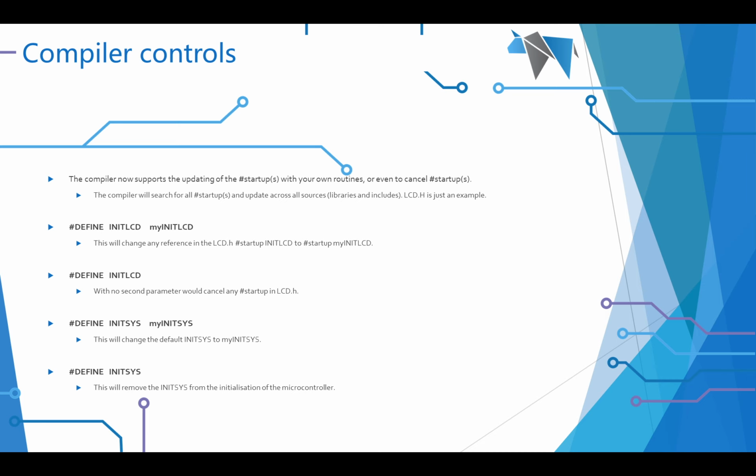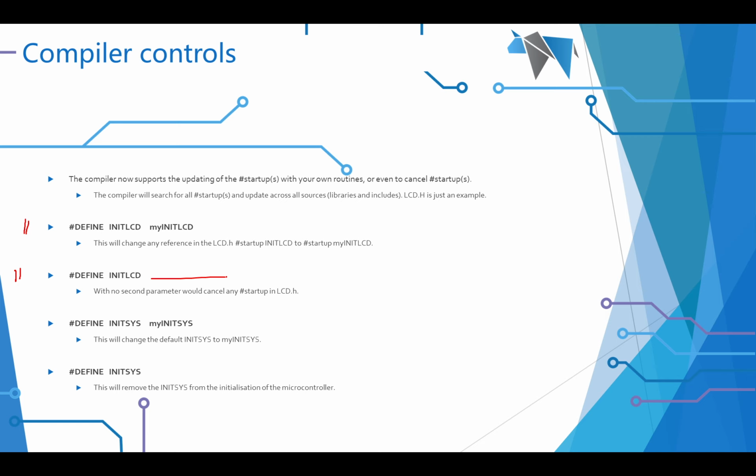To do that, you would say hash define INITLCD, and then you'd say, I want to have my INITLCD, and it won't change the library. You just have to create a subroutine called myInitLCD in your program, and it will take the startup command and replace it. If you want to cancel it completely, you just don't give it a second parameter.